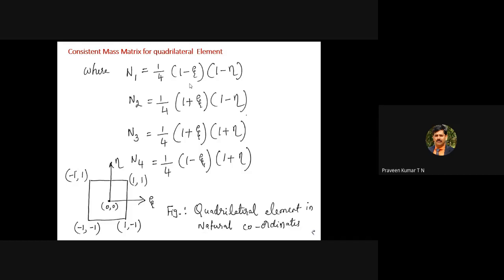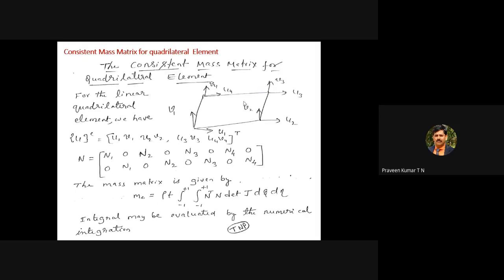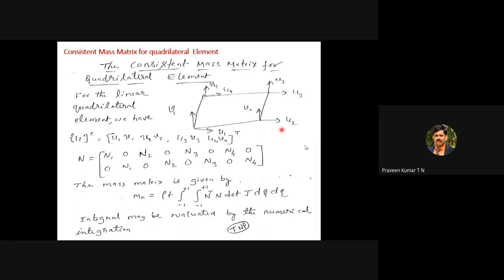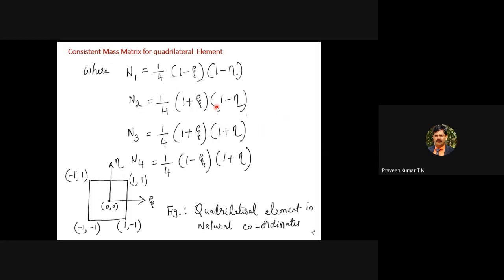We have N1, N2, N3, N4. Once you know the coordinates, this quadrilateral element can be written in global coordinates. This is in the global coordinate. When you write the quadrilateral element in natural coordinates, it becomes a right angle.